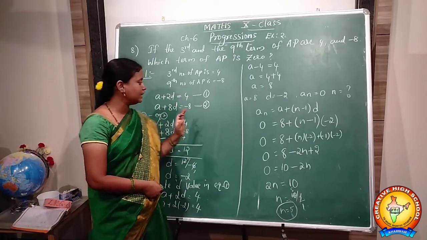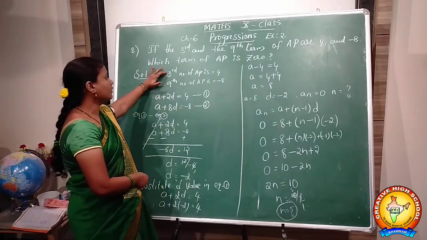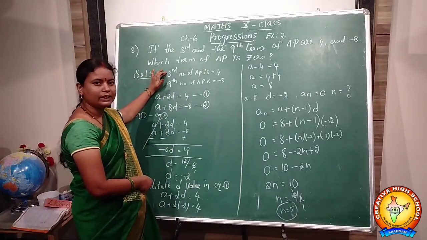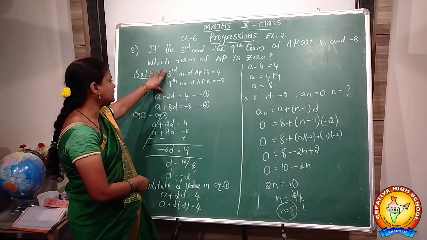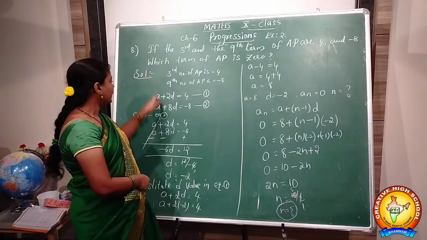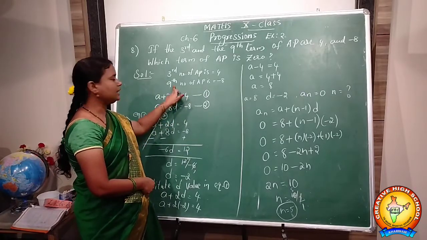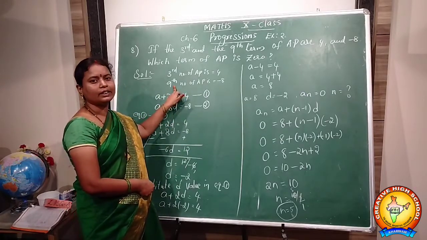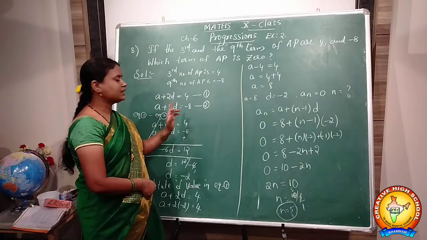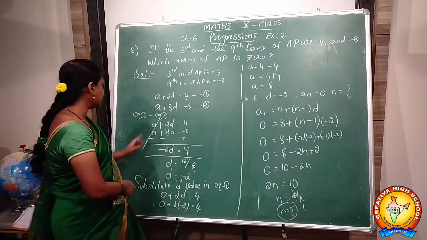So the third term formula is A plus 2D. A plus 2D is equal to 4. A plus 8D is the formula to find the ninth term in the AP series. A plus 8D is equal to minus 8.